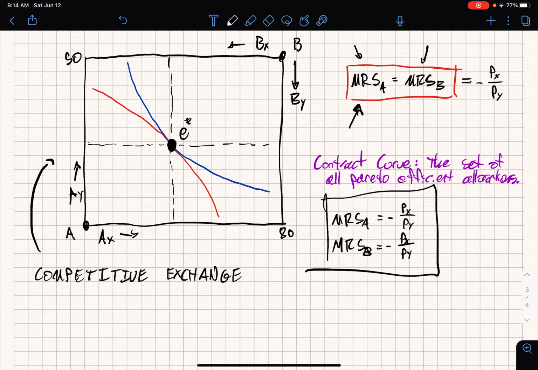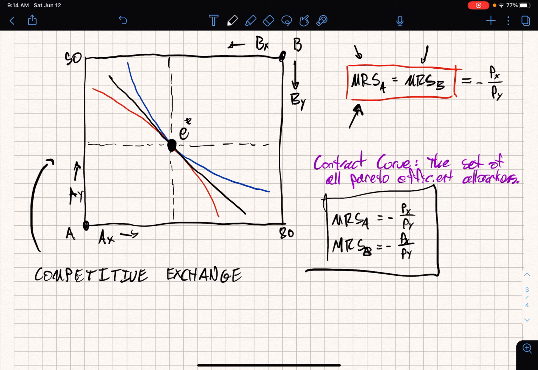Graphically, thinking back to our consumer's problem, we want a budget, a price line that runs tangent to both of the indifference curves simultaneously. So essentially, the budget line runs right through the middle, like this.